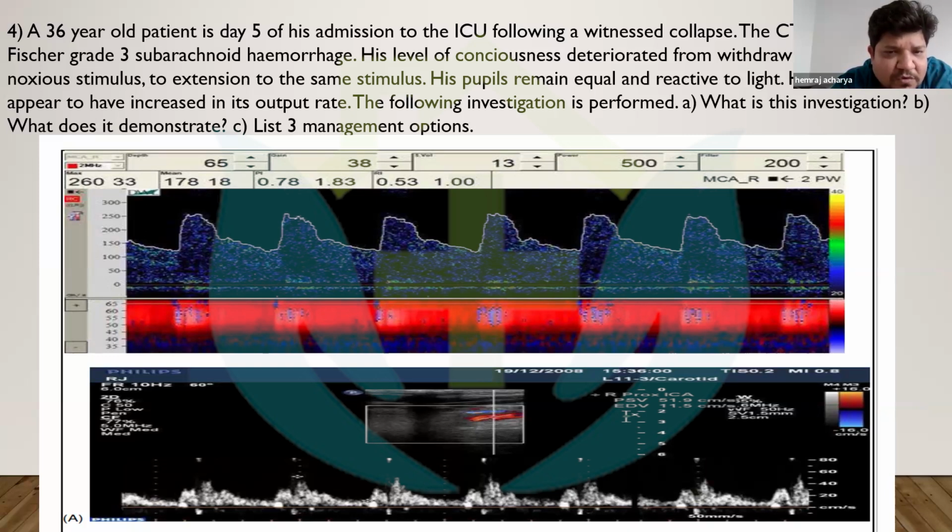So there is some sort of vasospasm due to which the velocity has been increased, sir. Very good. List three management options. Sir, we should continue nimodipine, sir, an intra-arterial vasodilator can be used, sir.